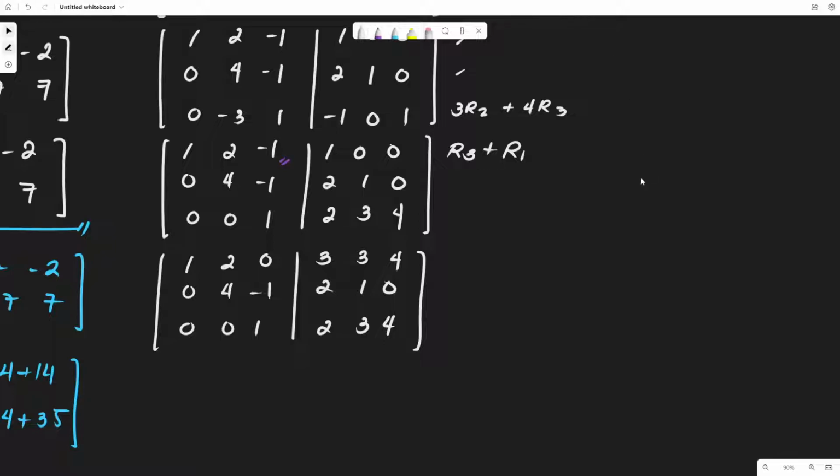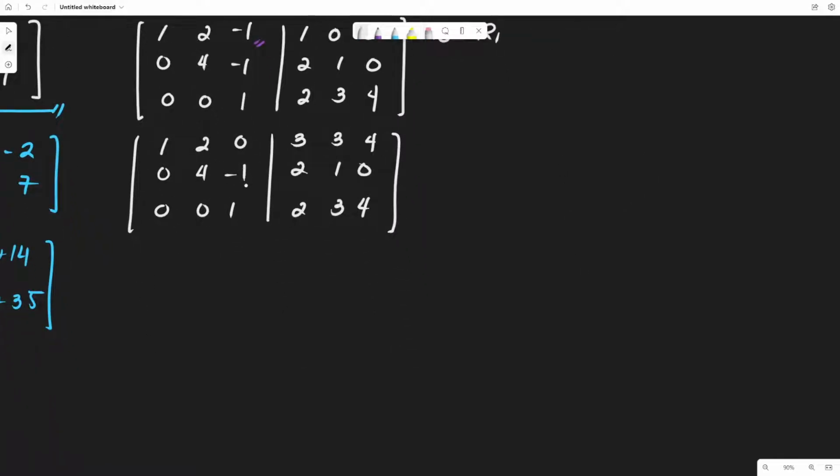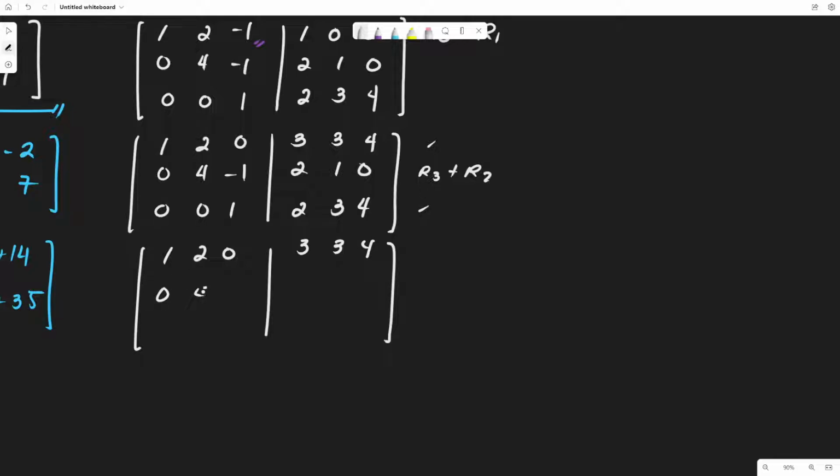Next, this negative 1 here. So, R3 plus R2 lang rin to. So, we have here 1, 2, 0, 3, 3, 4. 0, 4, negative 1, 2, 1, 0.